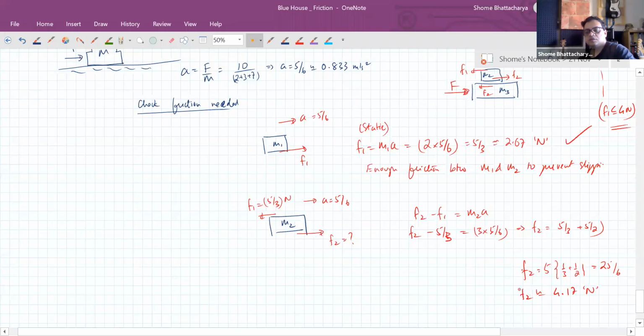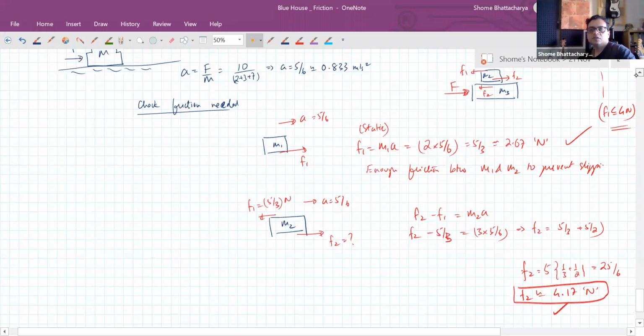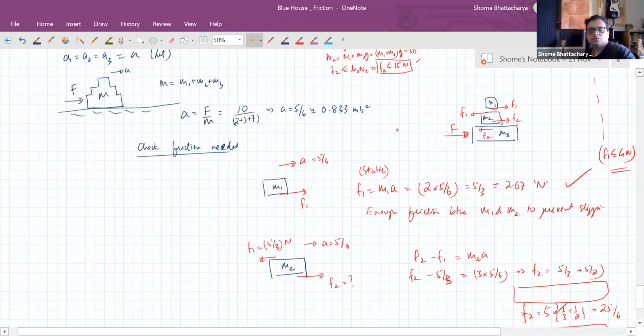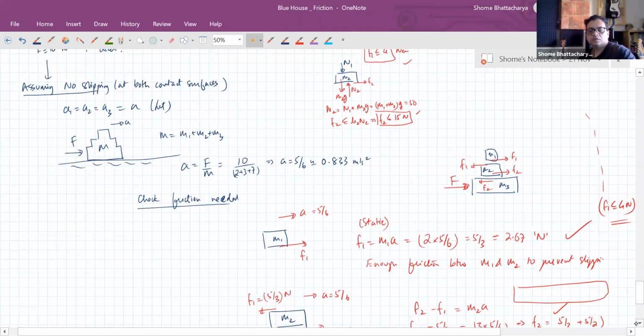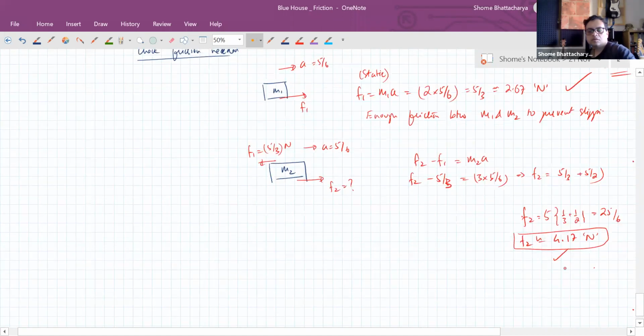Now again, this is possible for us because we had seen the maximum friction is up to 15 newtons. So F2's maximum value available to us was up to 15 newtons. So this is also possible. So there is enough friction between M2 and M3 also.